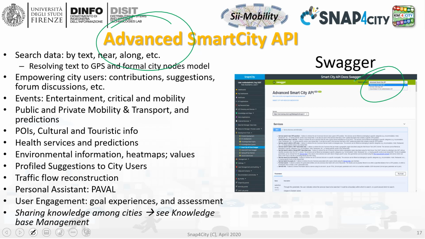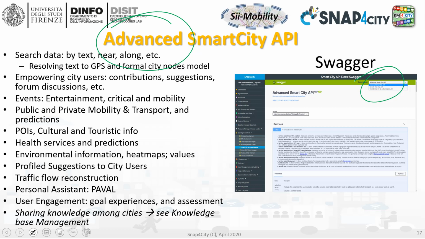You can have services for empowering city users, for collecting from city users their contributions, suggestions, comments, rankings, images. You can collect from the Smart City API events, entertainment events, critical events, mobility events, and so on. You can access information of public and private mobility and prediction. Points of interest are also accessible.